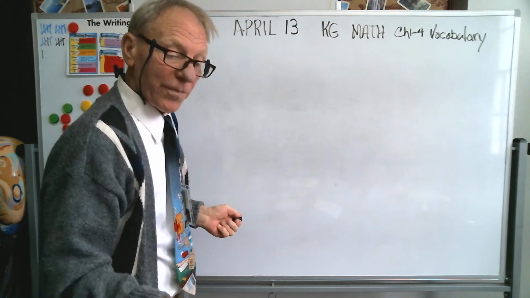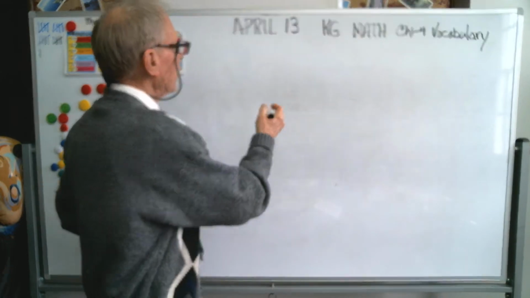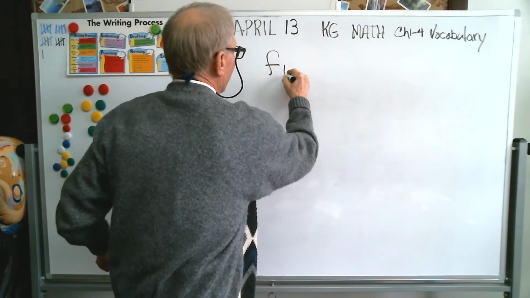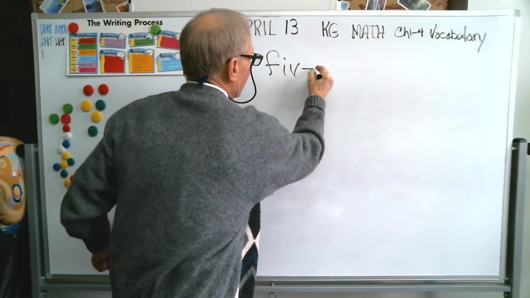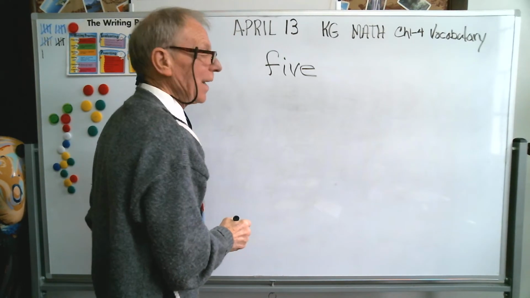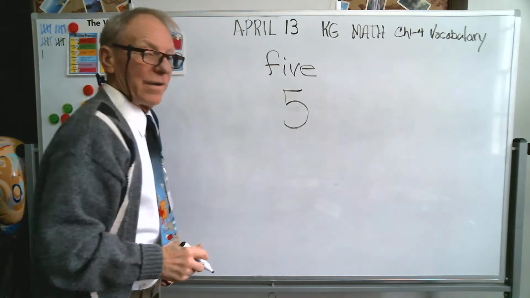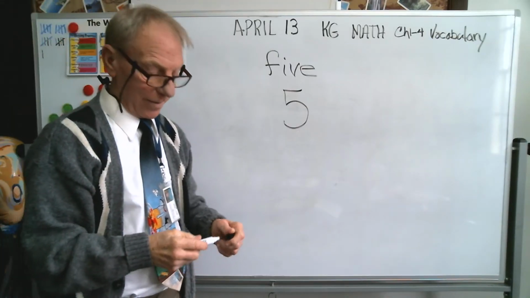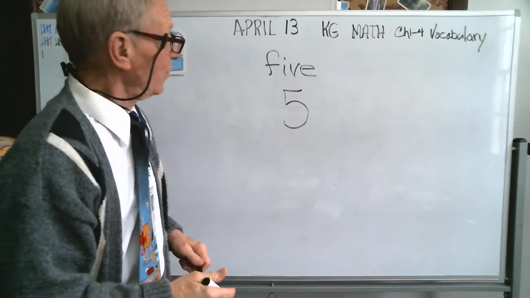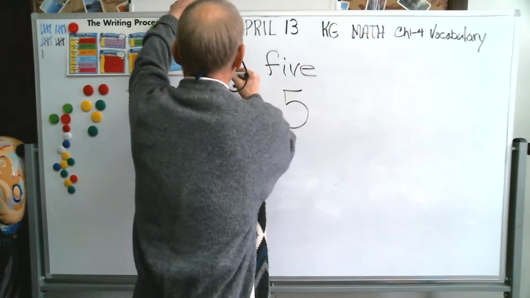the numbers. The next vocabulary word is 5. F-I-V-E. And that is the number 5. Just like the next word is 4.